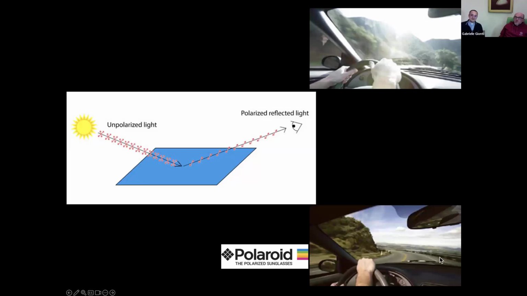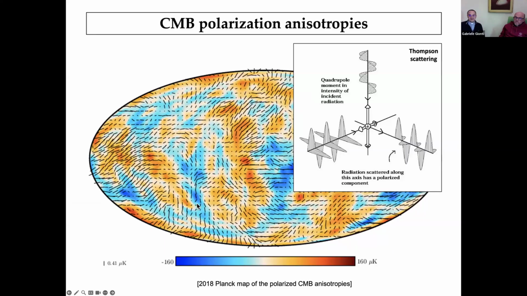You see in this image, reflected light is removed, and so you can see the street better because the glasses are removing the reflected light, which is polarized, and so it's removed by the filter, by the glasses. And something similar can be done with the CMB.